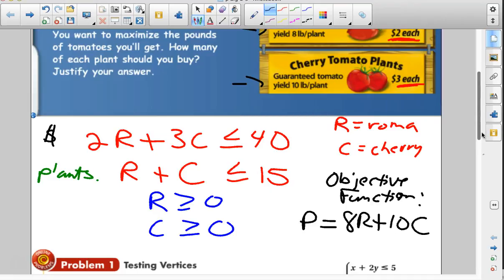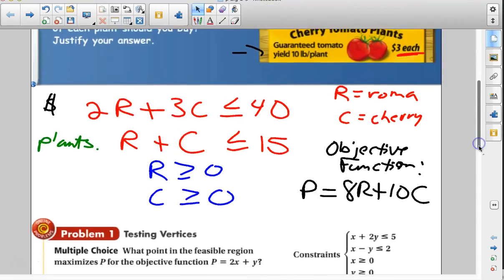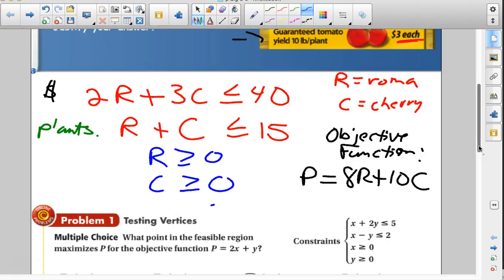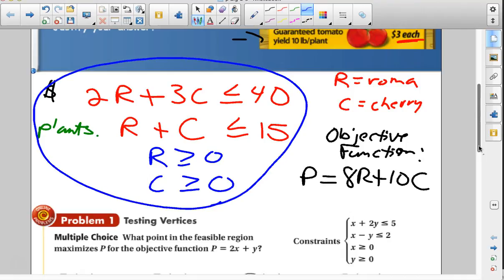So this process, if we were going to do it from start to finish, which we will, just not with this one, we'd start here. We would graph all of those. Now, this has a fancy name. These are called the constraints. And the name makes sense. You know, you have to think constraint is when you're holding yourself back.